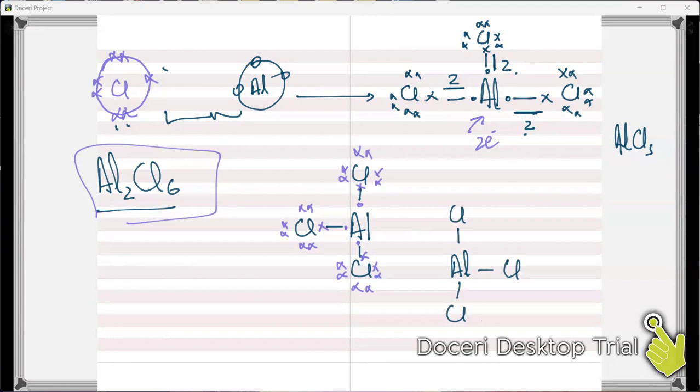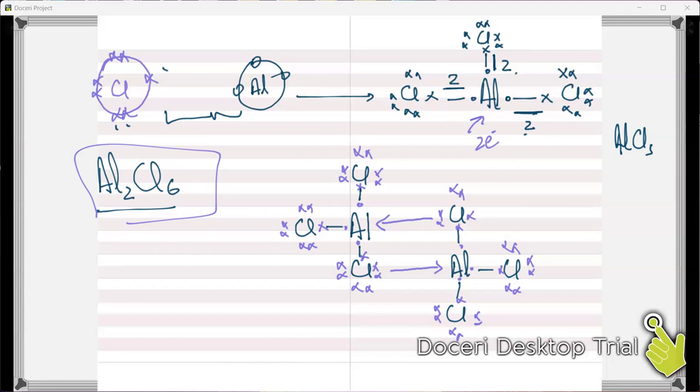So this chlorine has 7 electrons for sure. One is being shared. So this chlorine is going to give its 2 electrons to this aluminium, and they will form a coordinate covalent bond. This chlorine is going to give its lone pair, or unshared pair of electrons, to this aluminium.